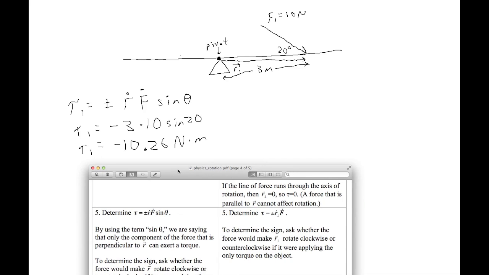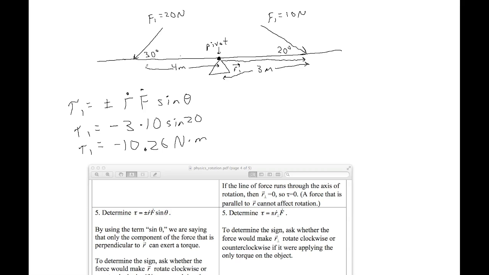Okay, so let's work on that and make sure that we have those skills down. So for example, let's say we've got this. I'd like you to go through that step-by-step process again now and figure out torque 2.